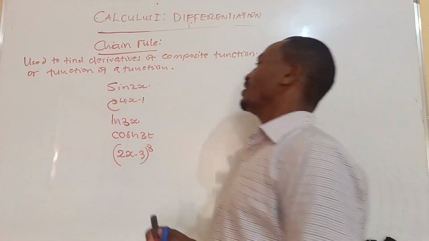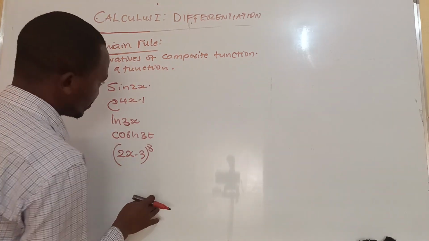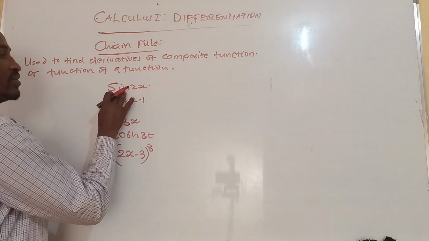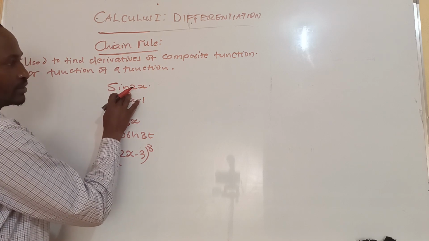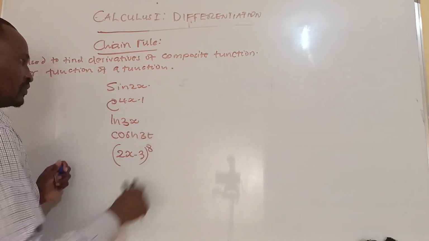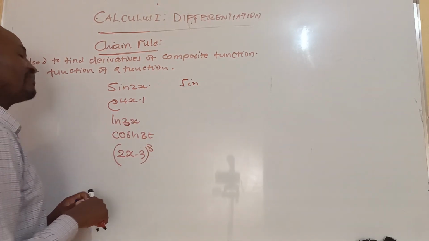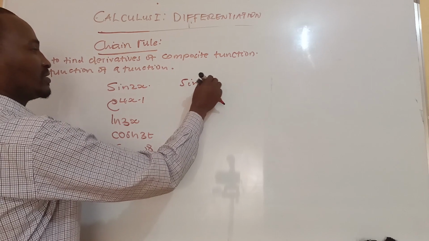Why are we calling them composite functions, or functions of functions? Here, in the first one, we have the sine function, but inside sine we have another function, 2x.